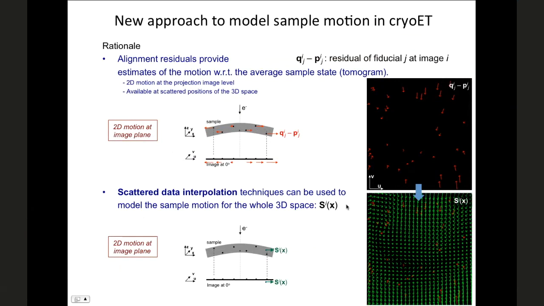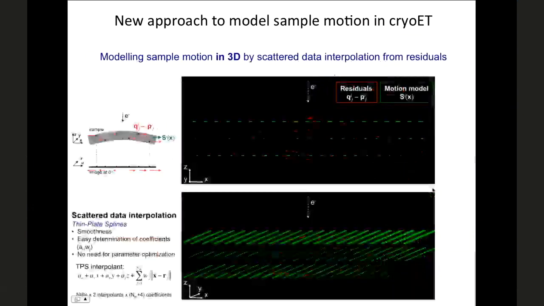For illustration purposes, here I show the interpolation step in 2D, but the program works directly in 3D. These two panels represent the same information from different points of view. In red here, we have the residuals that we have obtained at the image at 0 degrees of one thick sample.